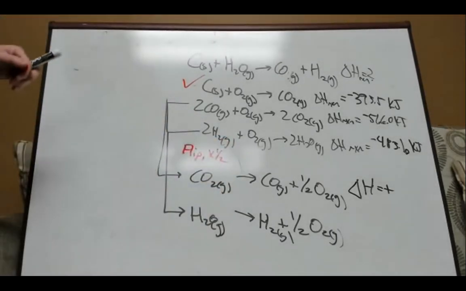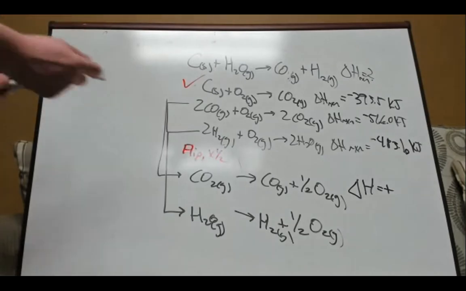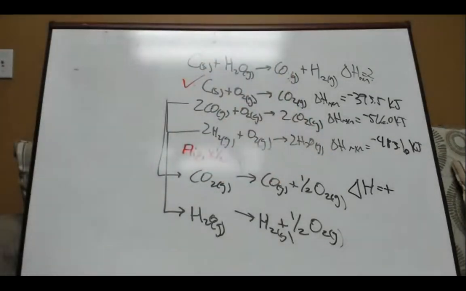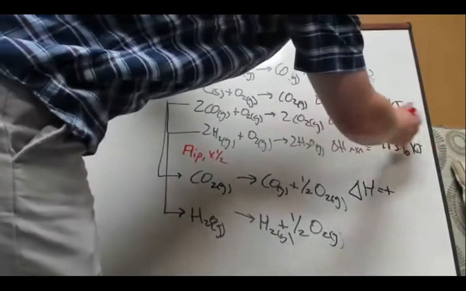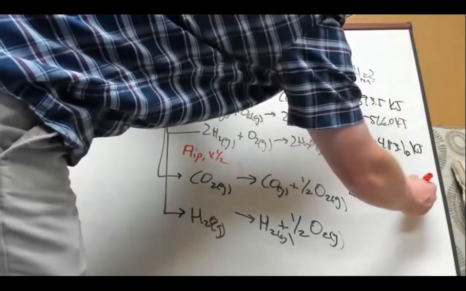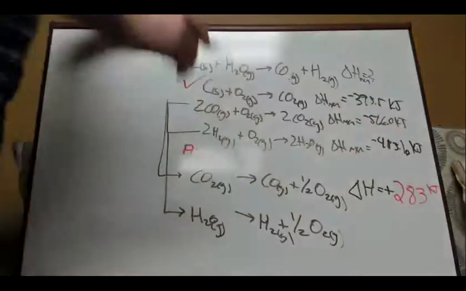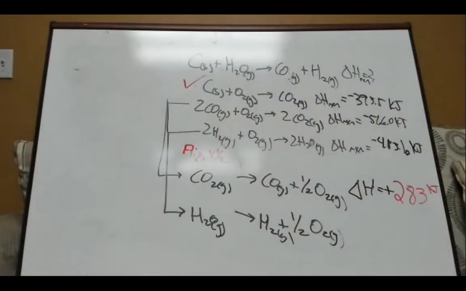And so if we multiply the equation by 1/2 to get CO2 goes to carbon monoxide plus 1/2 O2, we also have to multiply the delta H by 1/2. And when we do 566 times 1/2, we get 283 kilojoules. And remember, it's positive because we flipped the equation.